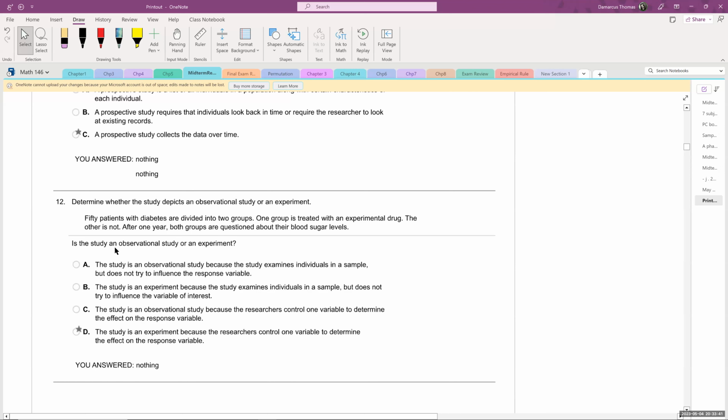Is this an example of an observational study or an experiment? One of the stipulations for being an experiment has to do with the fact that you're controlling one of the variables. And the moment you begin to control one of the variables, it now crosses over into the boundary of an experiment, because now you're designing a certain type of structure.